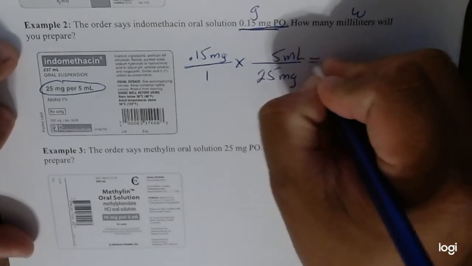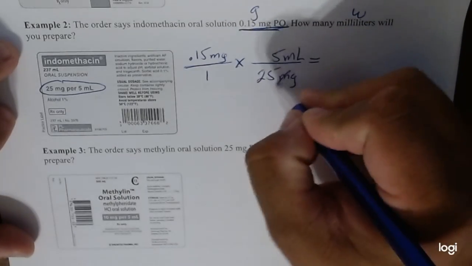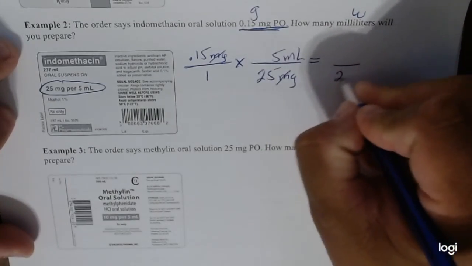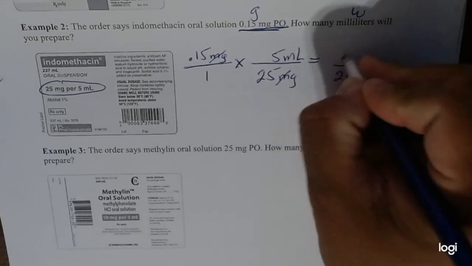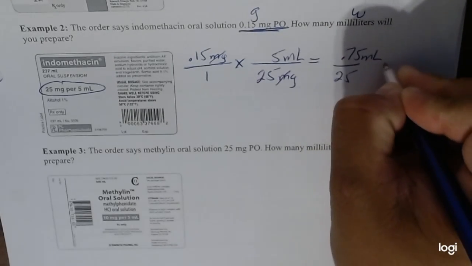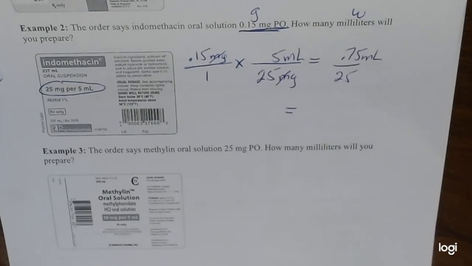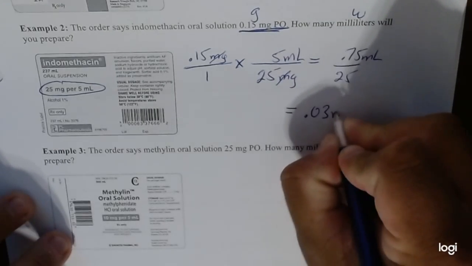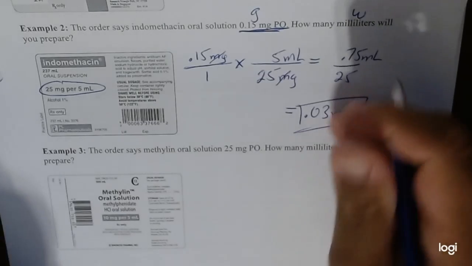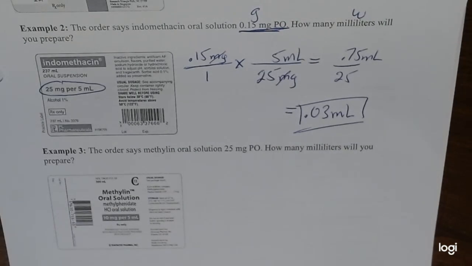So now we have to multiply and then divide. 0.15 times 5 gives you 0.75 milliliters. And then we divide it by 25, which gives us a grand total of 0.03 milliliters. Let's just keep going.